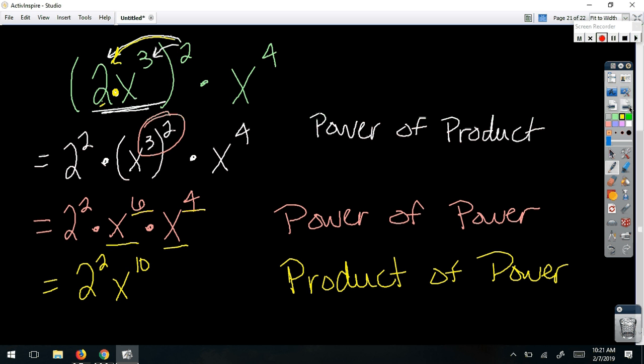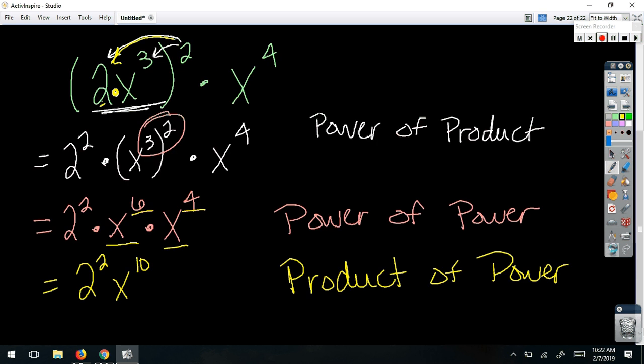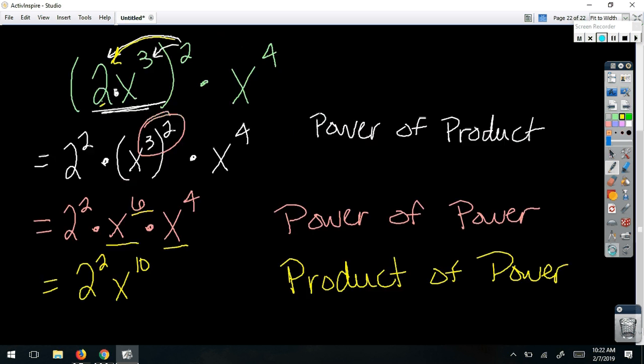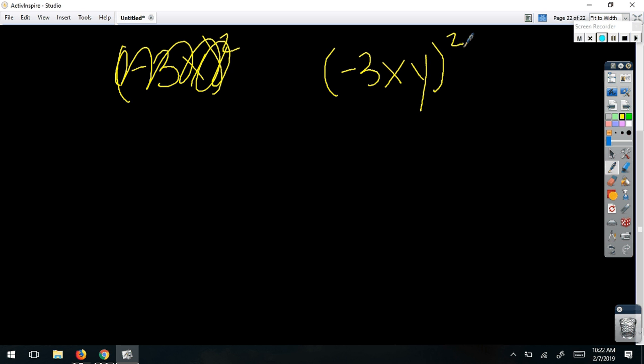Look at this one. And in fact, let me say it's negative 3xy to the second.